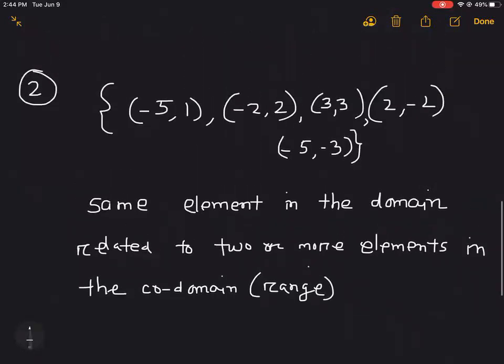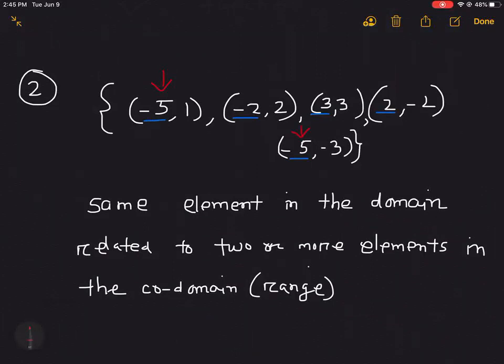Now, that means we need to eyeball. First of all, we need to eyeball if we have the exact same value in the domain. Let me first underline the elements of the domain. If I just eyeball, I can see, yes, I do have -5 twice. That means more than once.